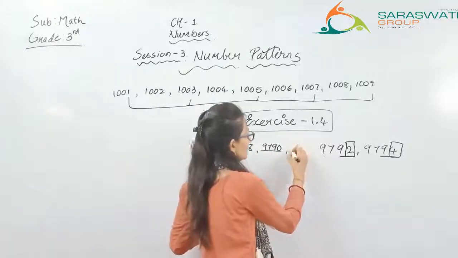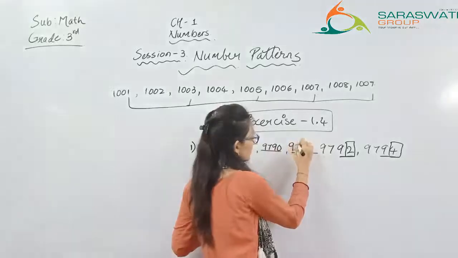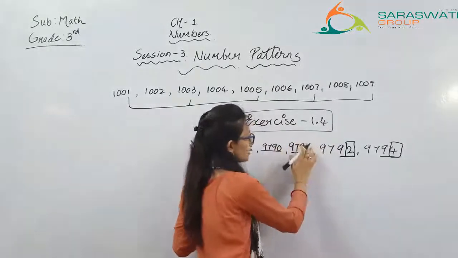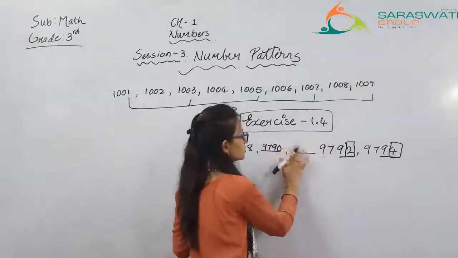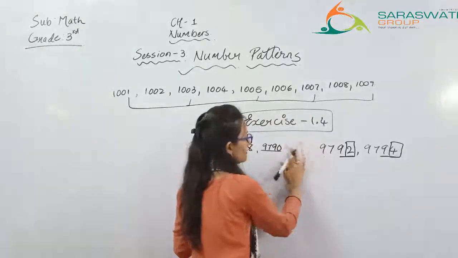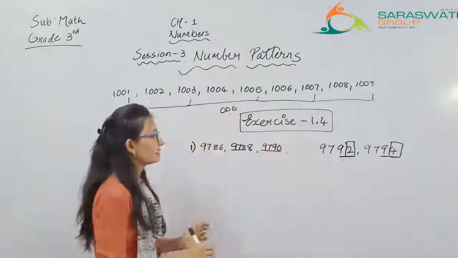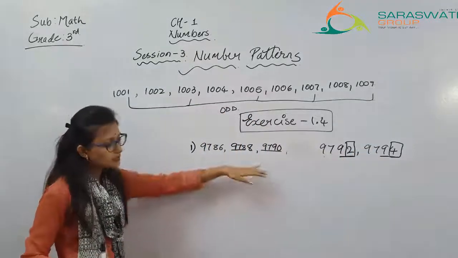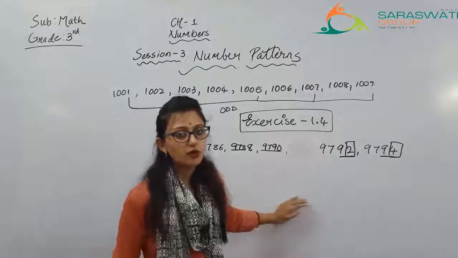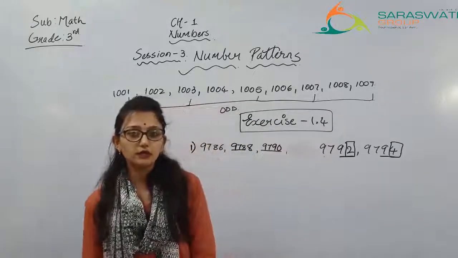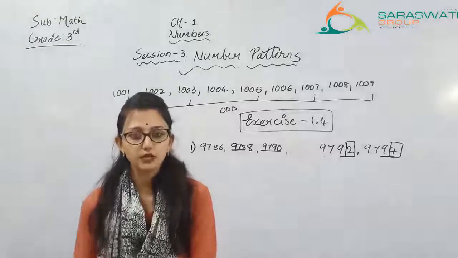Then after it, over here it will be 9792, which is already given to you, and then 9794. So here the first blank is solved, and now you have to complete it by solving all the other blanks in your textbook itself.